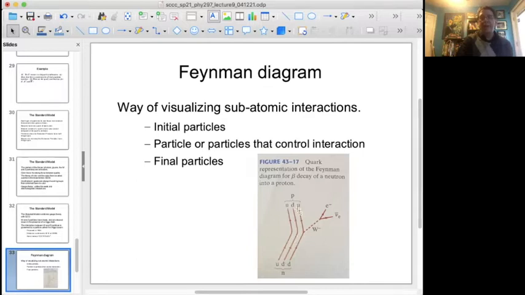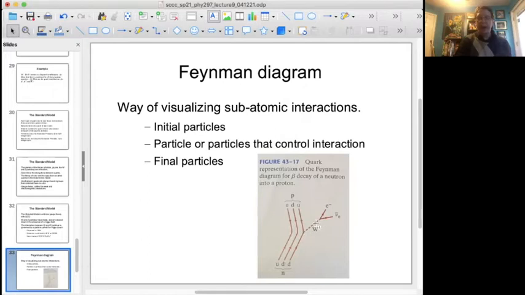For one down to change into an up, it needs to emit a W minus gauge boson, so a W minus particle. That has a charge of -1. So the down quark charge goes from a negative 1/3 to positive 2/3. And so you get the proton with its charge of positive 1.